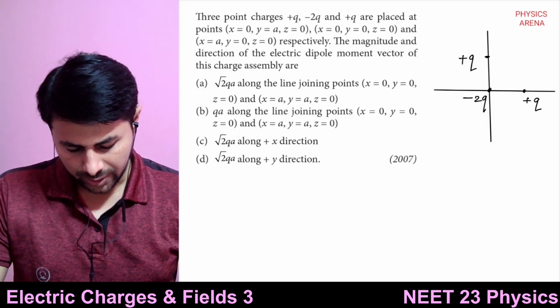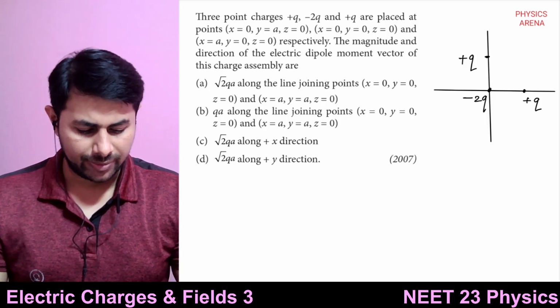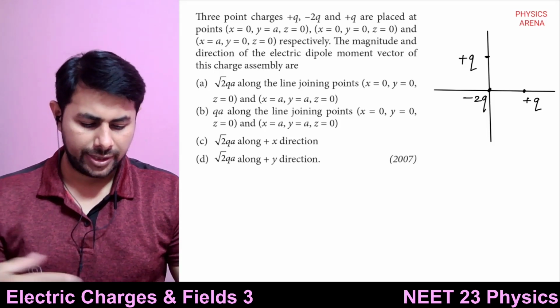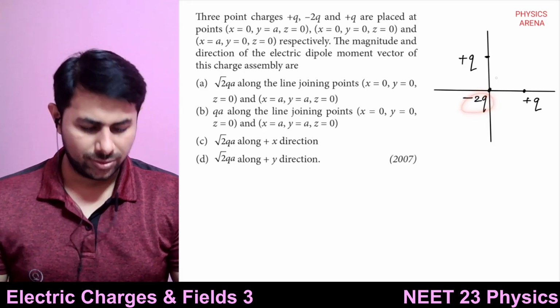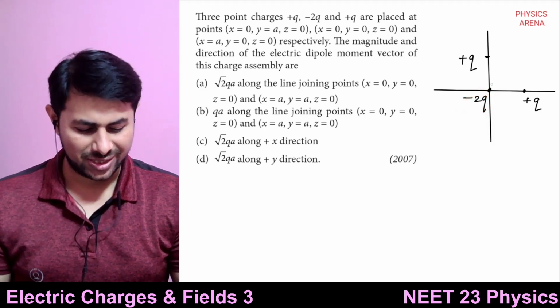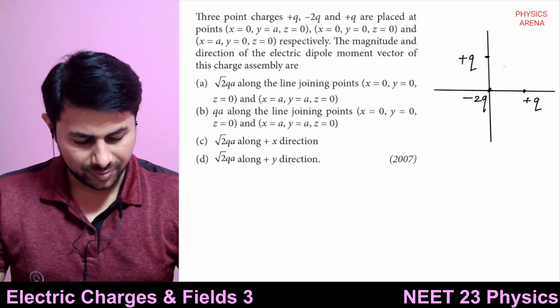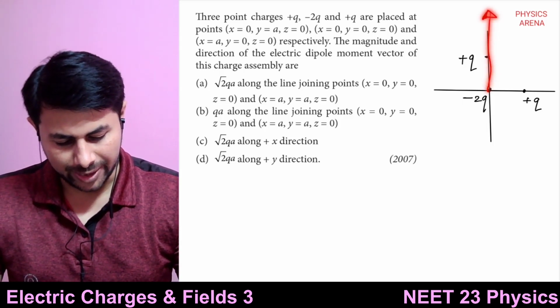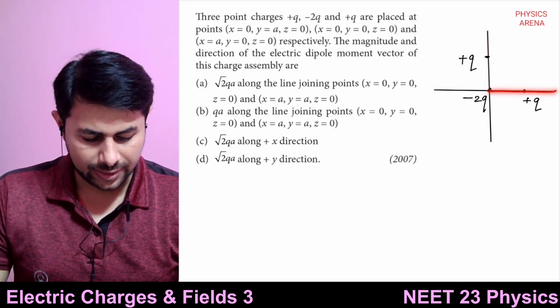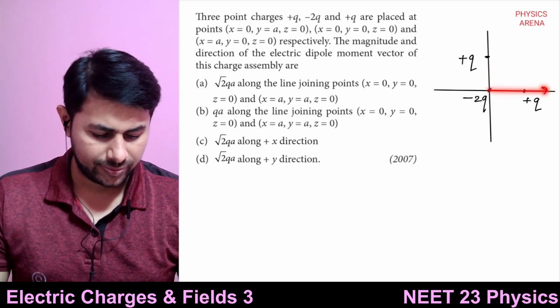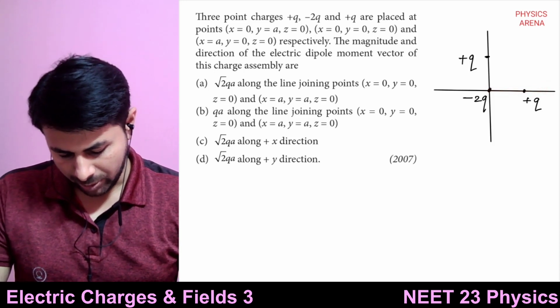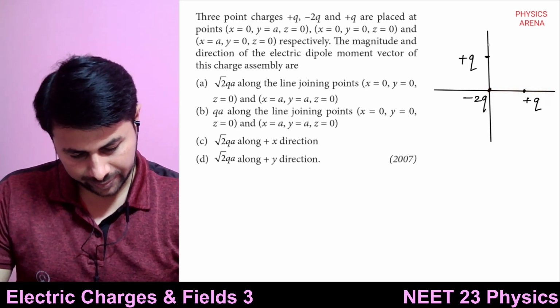Okay. So now there will be some dipole moment from negative charge to positive charge. So you take one of these two negative charges, you take minus q. There will be a dipole moment from minus q to plus q, and a dipole moment from another minus q to this plus q. Dipole moments will be directed like this.